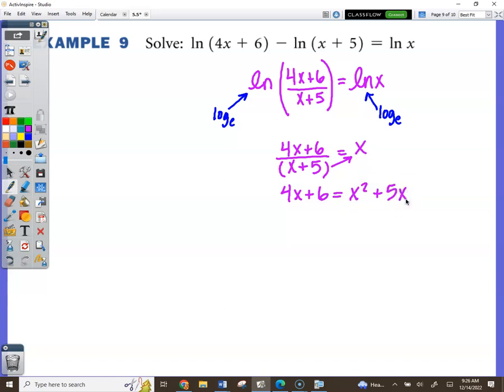Now you do end up with a quadratic, which means get everything to one side and see if it'll factor. Negative 2 and positive 3. Yep. Does everybody agree?